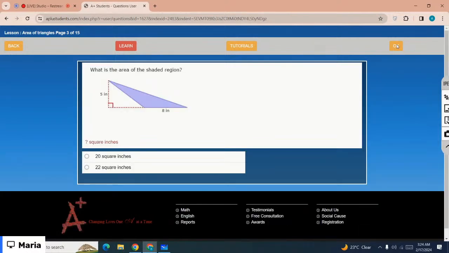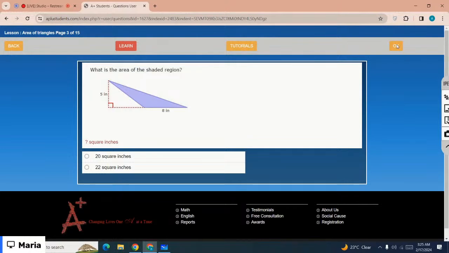Okay, the next one is, what is the area of the shaded region? So which is the correct option?